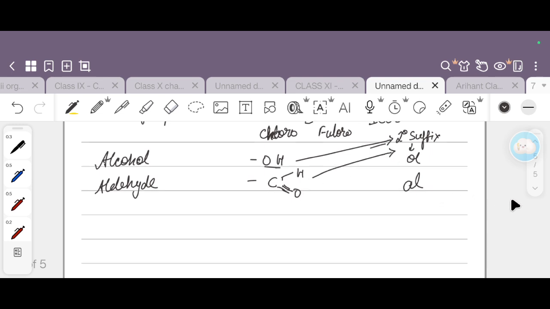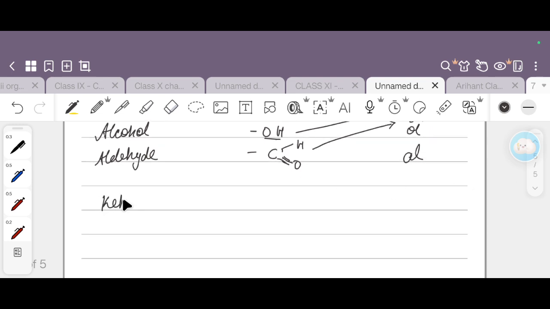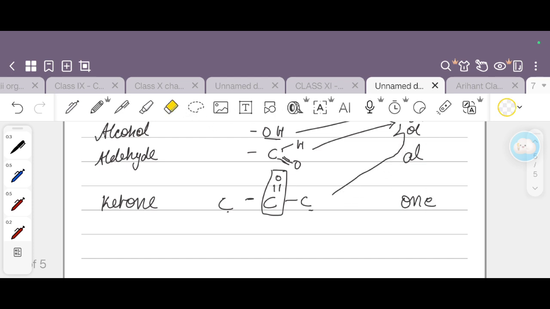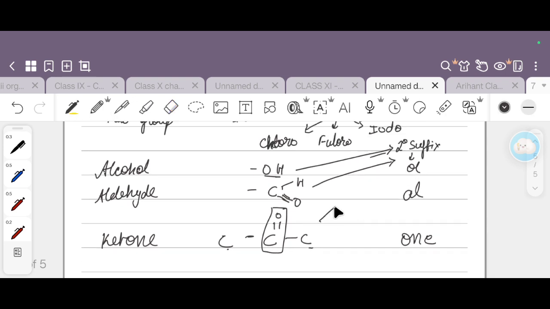Next is ketone, C double bond O, and we have a C double bond O between two carbons. The secondary suffix will be ONE.